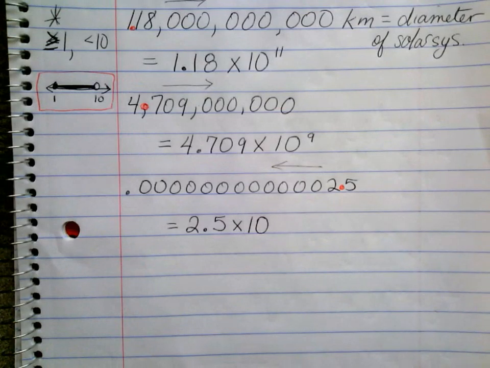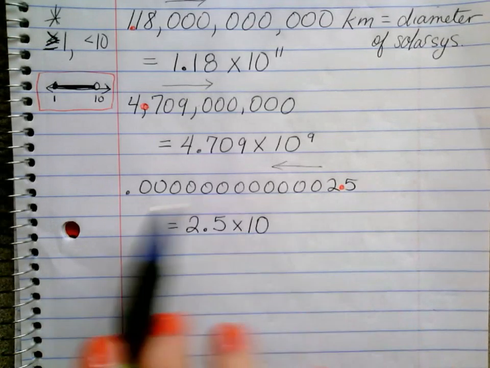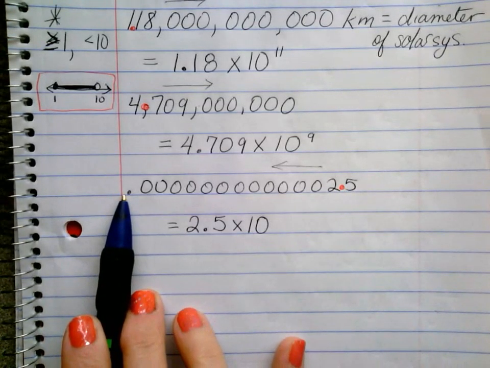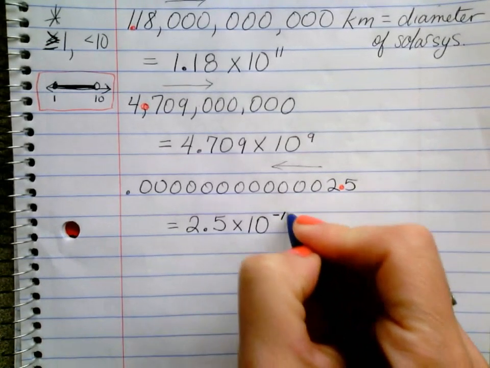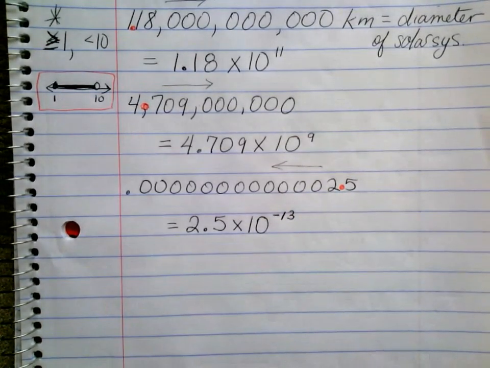For that scenario, it's a negative exponent. And if you count the number of positions it would take to return 2.5 to this monstrous number, you would find that it is 13 spots. You guys with me on that? So it is a negative 13. So 2.5 times 10 to the negative 13. You might have too many zeros too. You can't even visually see that many zeros.